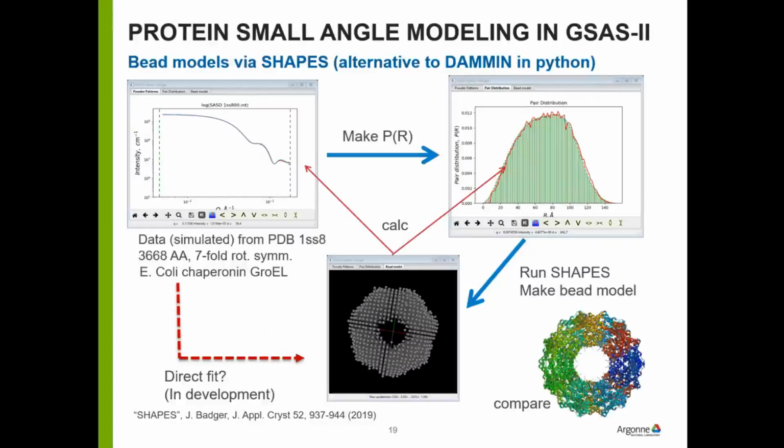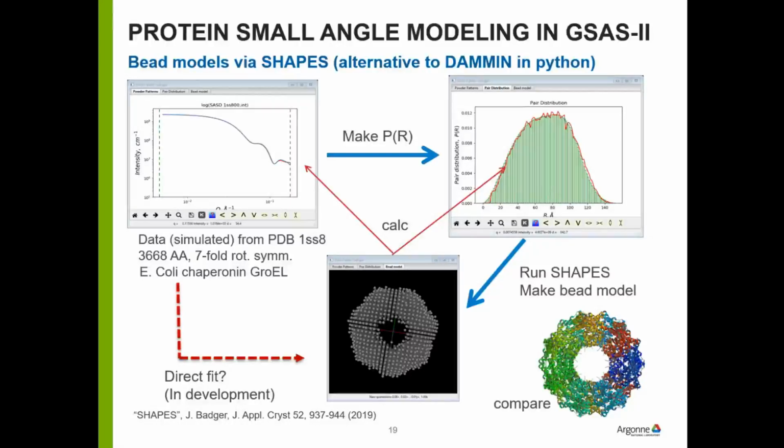Okay, and one more, which is if you're looking at proteins, they have a rather characteristic small angle scattering pattern, which depends on their shape and size. And the protein molecules all tend to be the same for a given protein. So what you would like to do is to find out what the shape of that object is, because you might not know the crystal structure.